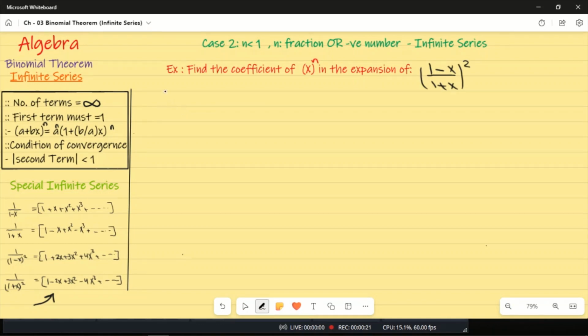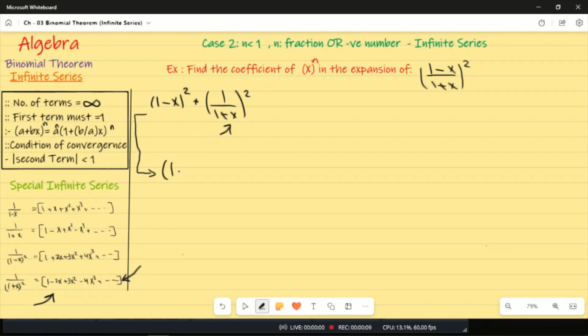Okay, so we have here x squared into 1 plus x squared. So we have here one of our special series. Just expand this bracket into this series.